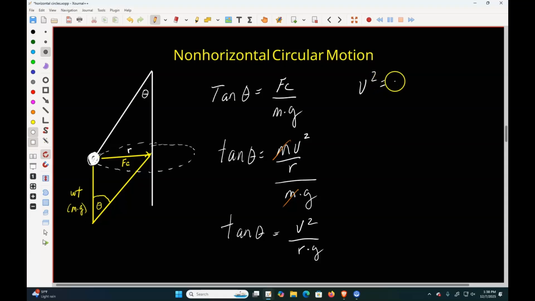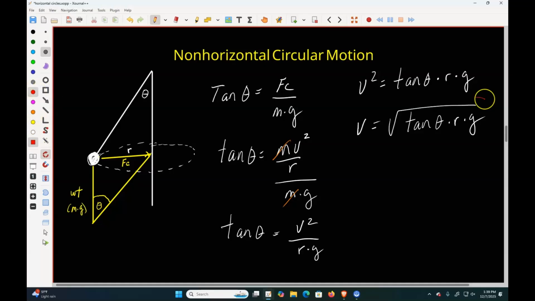Velocity squared is equal to tan theta times r times g. Velocity is equal to the square root of tan theta times r times g. So this is a formula we will use anytime I have a non-horizontal circular motion.